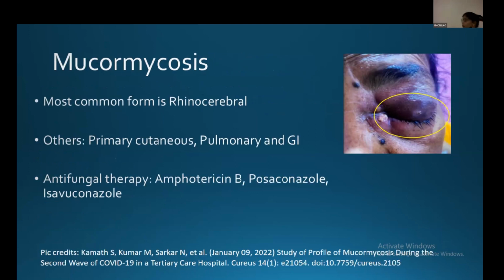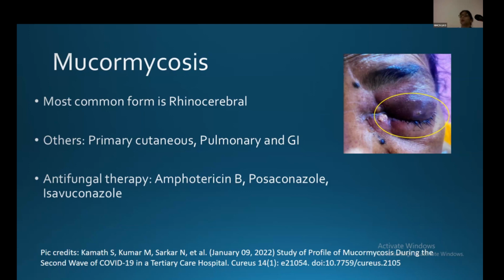Then there is mucormycosis. The most common form is rhinocerebral. You must have heard of black fungus during COVID times. This was COVID-associated mucormycosis. Many patients who received steroids and who were diabetic had this fungal infection. Rhinocerebral mucormycosis presents with localized swelling of the structures around the eye, and it is generally limited to one side of the face. And there is blackening of the infected tissue.